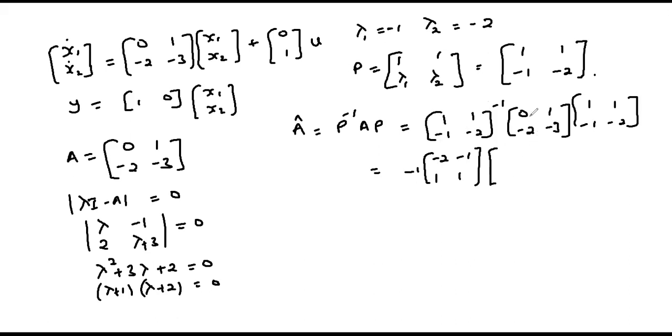We multiply this by, this will be 0, -1. This will be 0, -2.